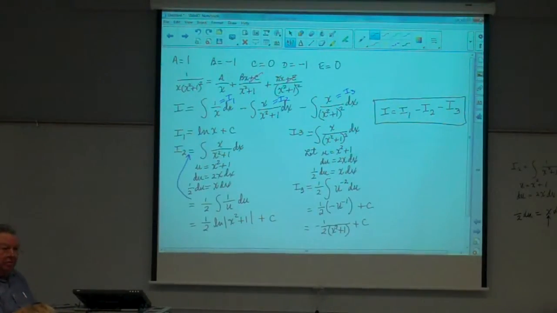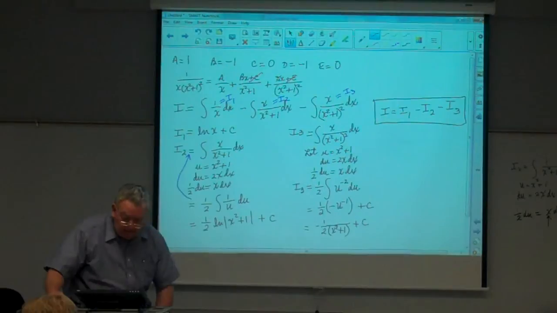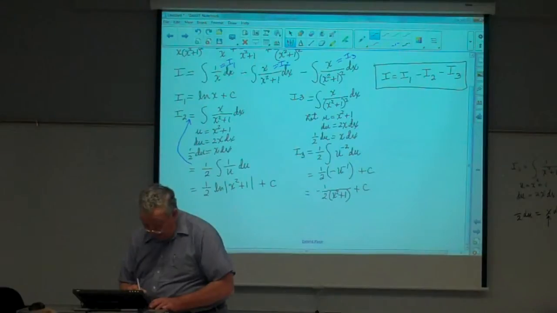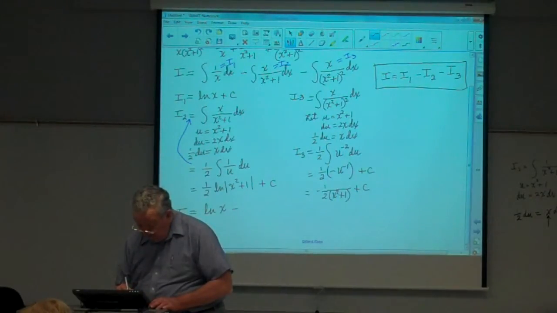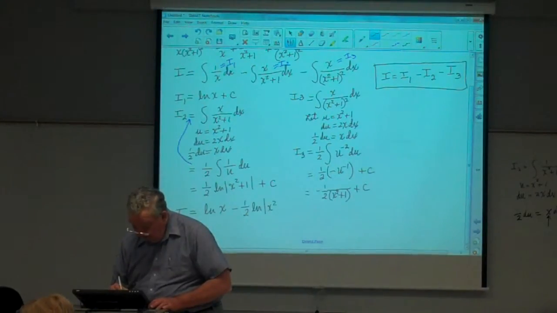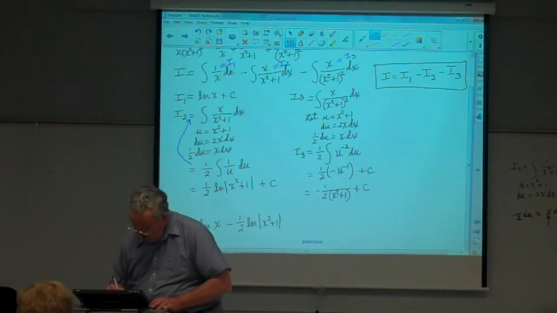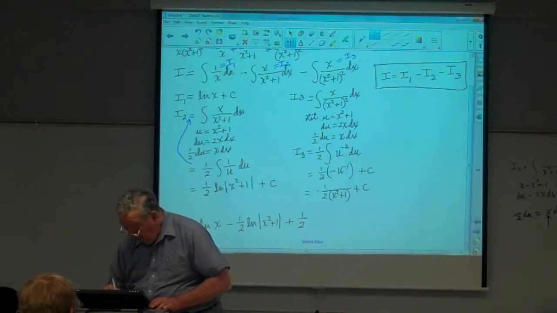And now all I do is put them together, huh? Everybody agree? So I is equal to log x minus 1/2 natural log x squared plus 1 plus 1/2 times 1 over x squared plus 1.